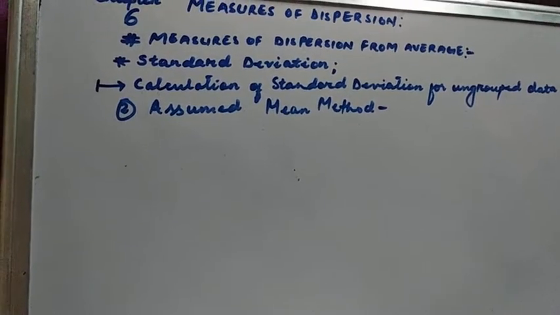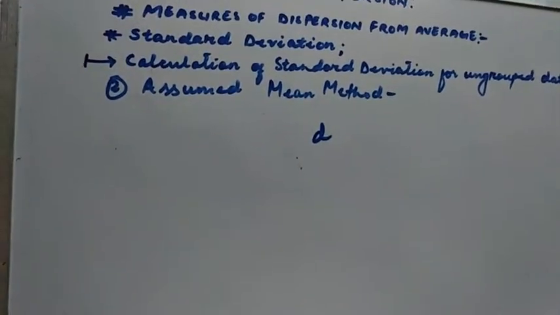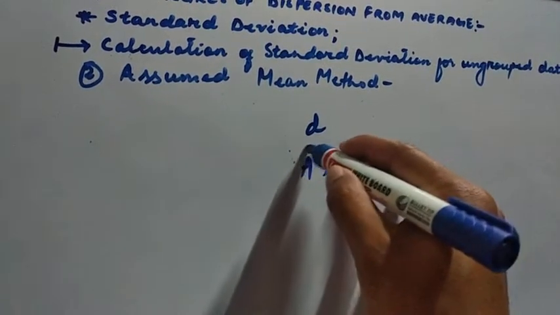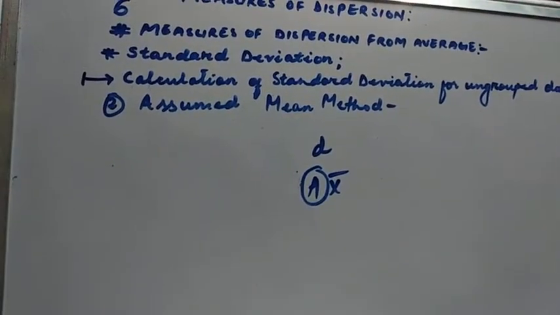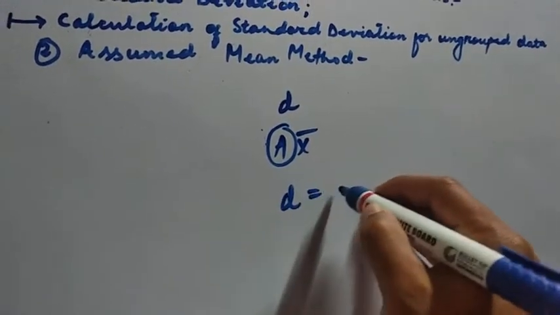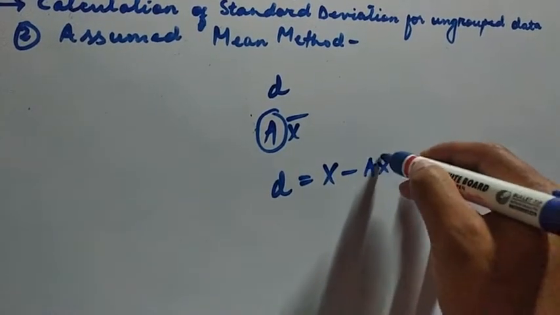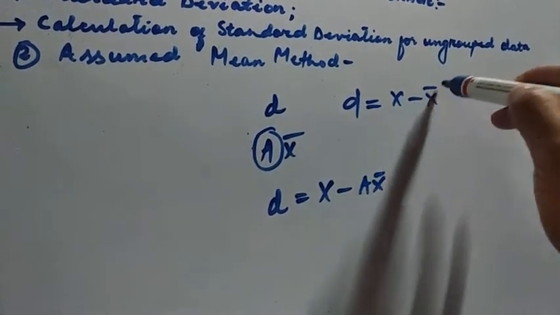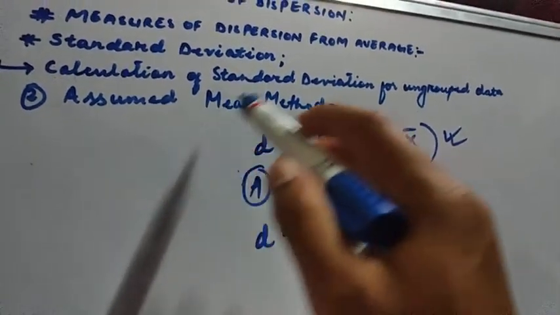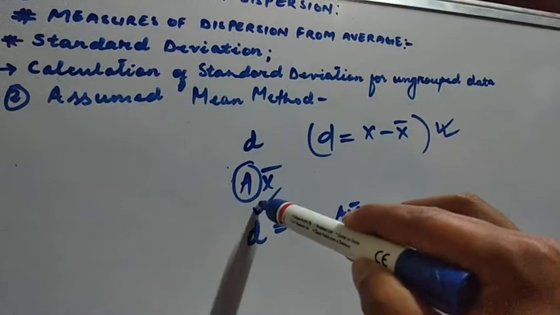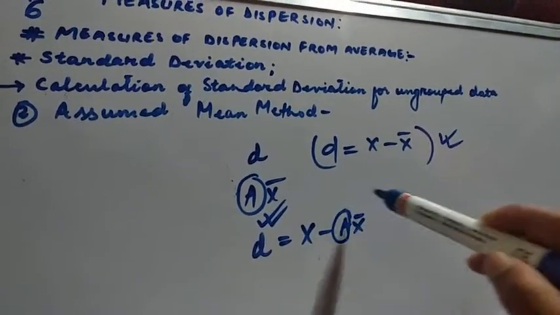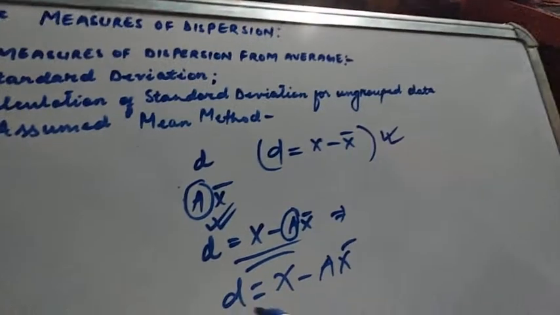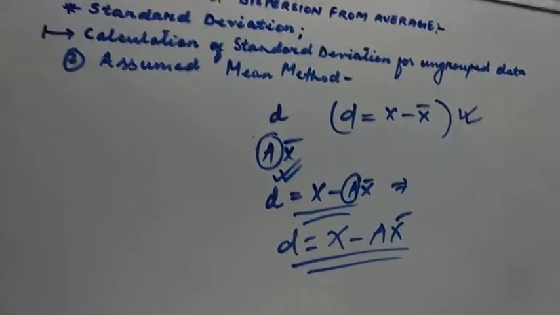For the same values, the deviations d can be calculated from any arbitrary value, the assumed mean A. So d would be x minus A. Earlier, for the actual mean method, we found d by x minus x bar, but under the assumed mean method we can find the deviation d by taking any arbitrary number A. That is the only difference.